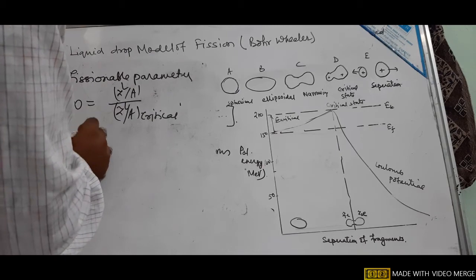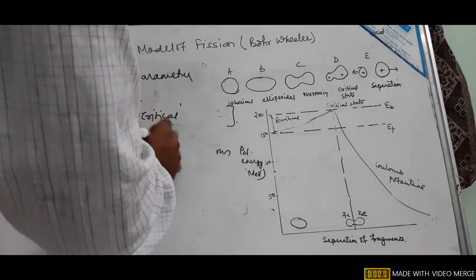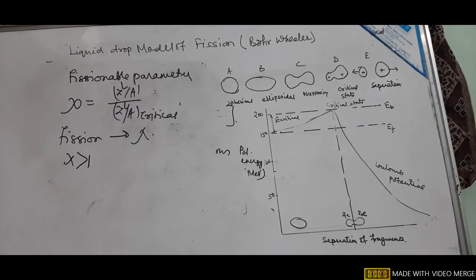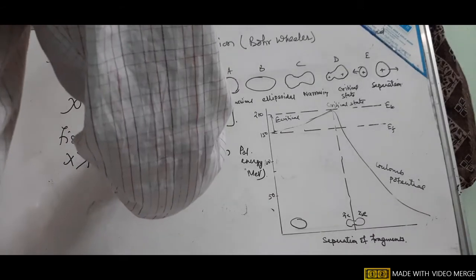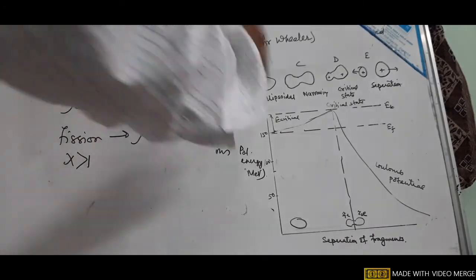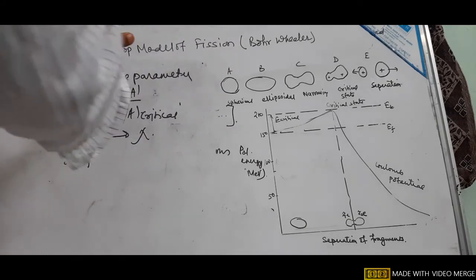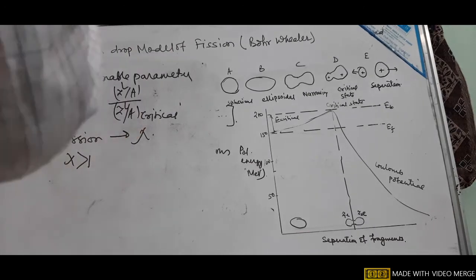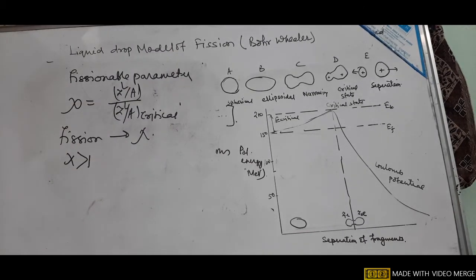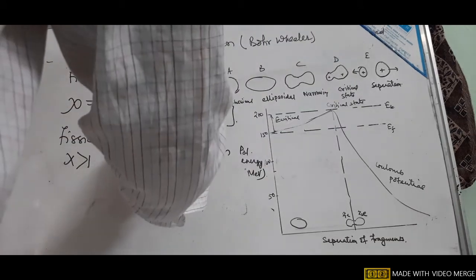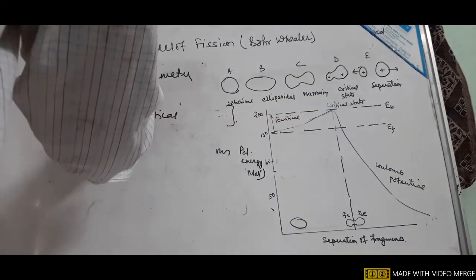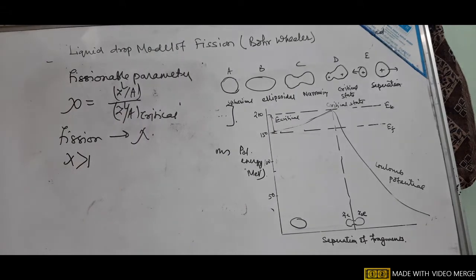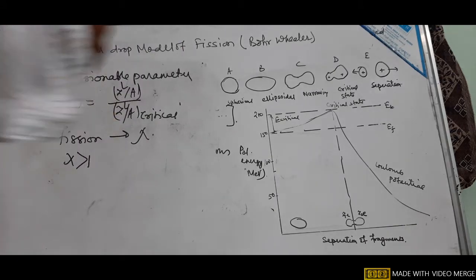Now we can define fission in terms of chi. For any nucleus the mass number and atomic number are given, so we can find out Z square by A. Z square by A critical equals 50, so you put this value 50, take any nucleus, find out Z square by A, and find out the fissionable parameter. If this fissionable parameter is greater than 1, then the nucleus is unstable.